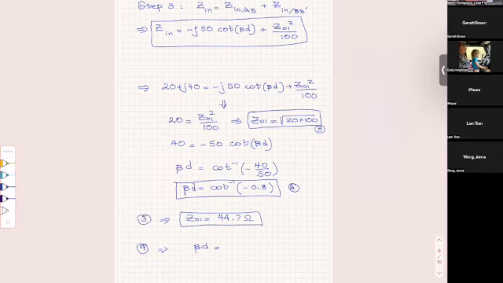I'm going to do this again. 0.8. What is it?